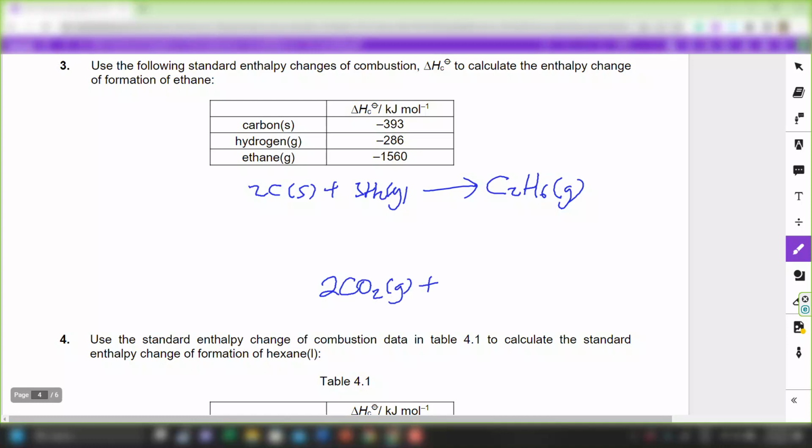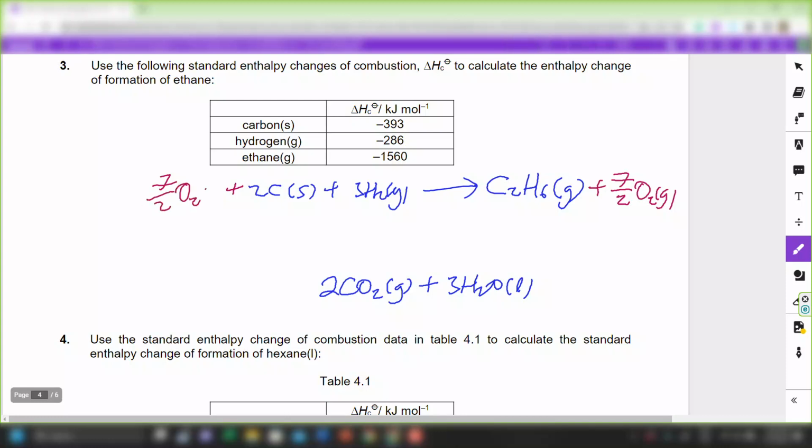And then of course for hydrogen, 3H2O liquid. And I'm going to balance the required oxygen here. So altogether, 2 times 2, 4, 4 plus 3, 7. So I will need 7/2 oxygen gas. Okay, so if I add 7/2 oxygen on the right, I will also need to add 7/2 oxygen on the left.